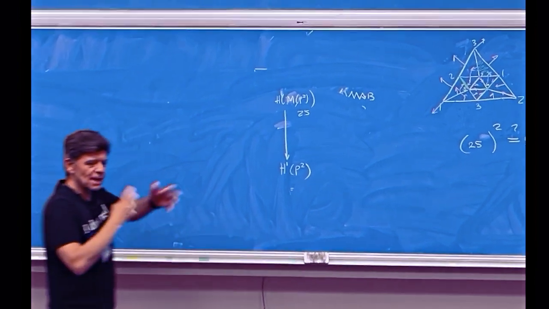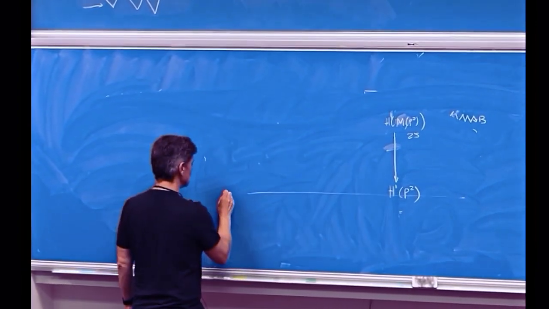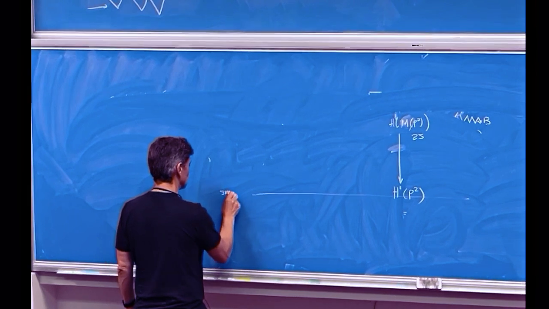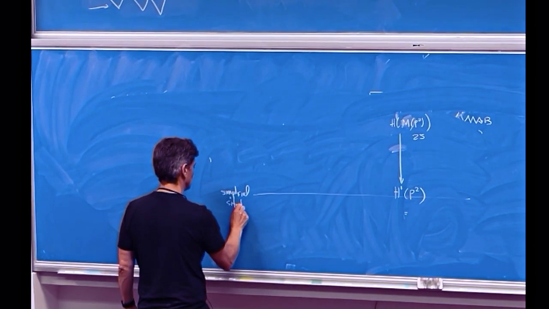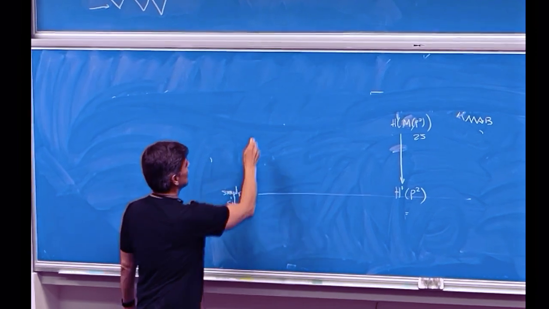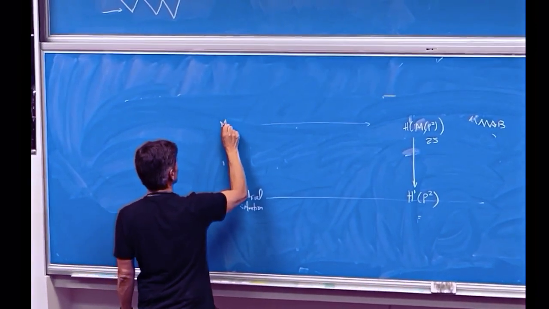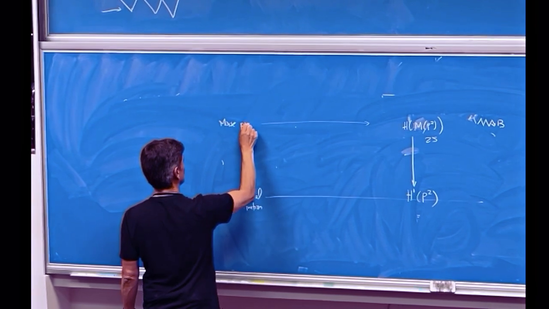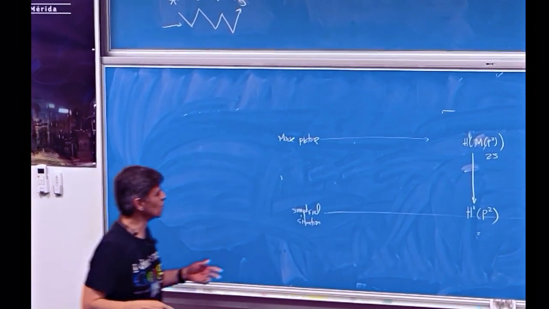Here, at this level, I'm going to put the simplicial situation. The simplicial picture. And here, I want to put the Morse picture. And I want to use the best of the two things and combine them.